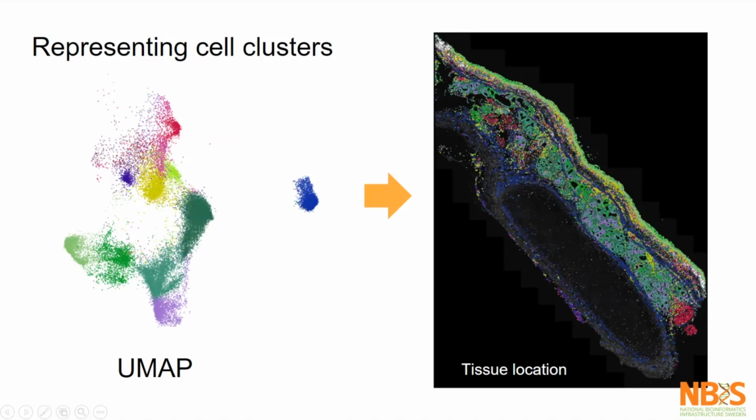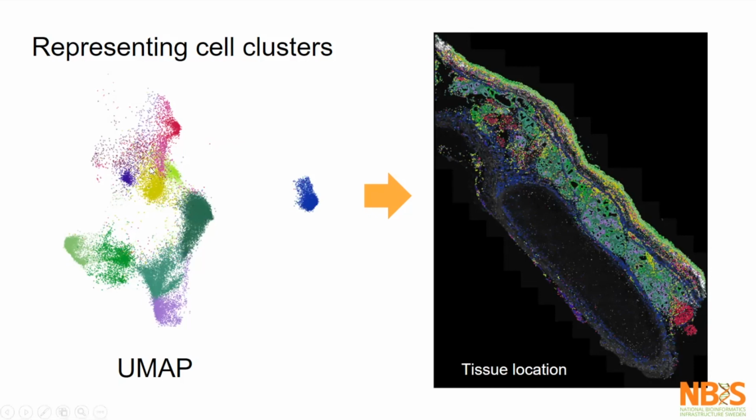The difference with single cell is that, of course, we can translate these clusters into the space. So if we do this workflow, we have both the low-dimensional representation of our data and also the actual representation in the tissue, and that can be very useful for several types of analysis later on.